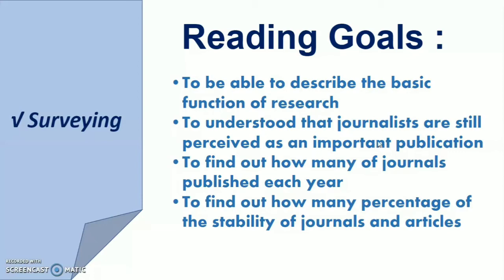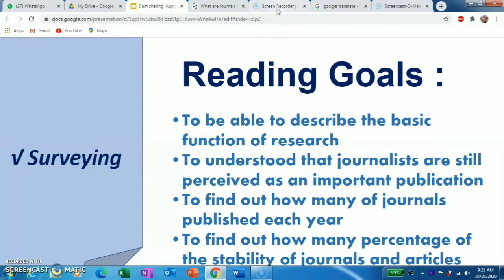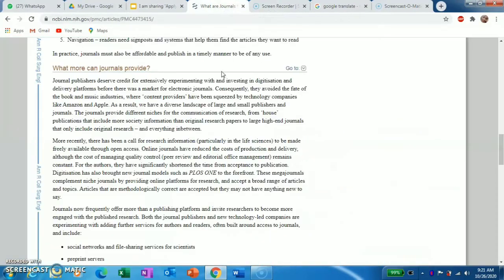Begin questioning and reading. I will base my questions on the key headings I noticed. The heading I read is "What more can journals do?" Yeah, this is the part that I will take some questions from. I have 3 questions for this part.